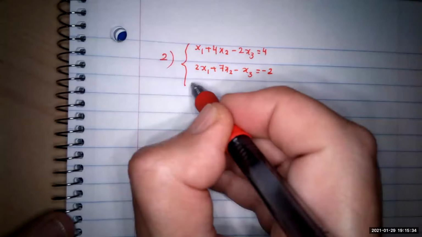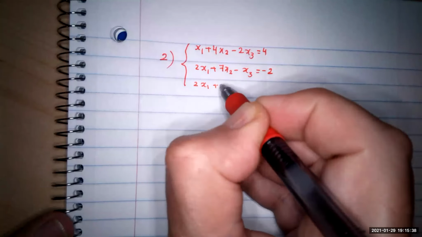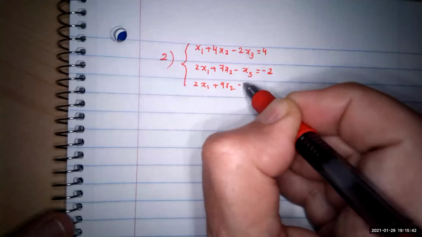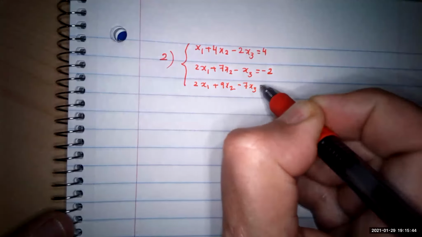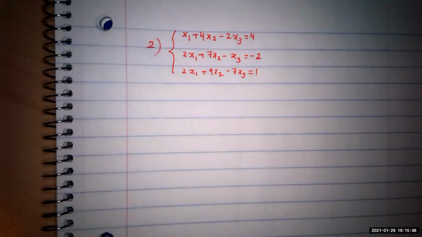And the last one is 2x1 plus 9x2 minus 7x3 equal to 1. So this is the system of equations that we would like to solve. Form the augmented matrix again, try to change it to the row echelon form and get your final answer.